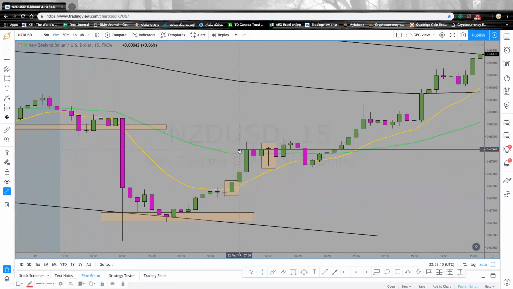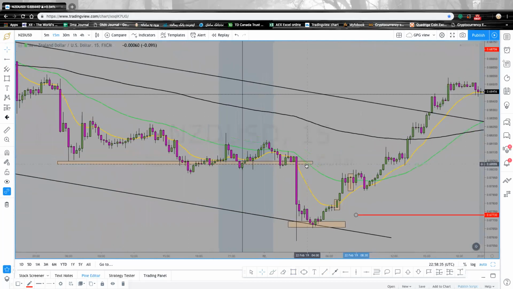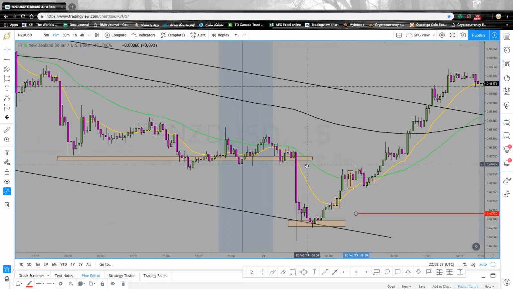But what I want to see is a bearish comeback, do something, whether leave a wick like this or just come and touch it, respect it. In this case, what happened? Broke through. Am I gonna sell? No. Why? Because based on my analysis, I'm not looking to sell right now.